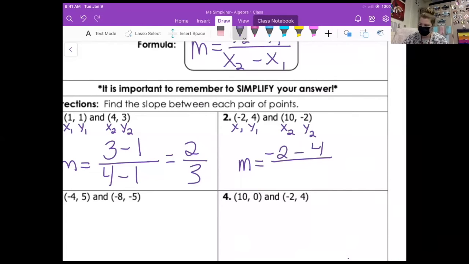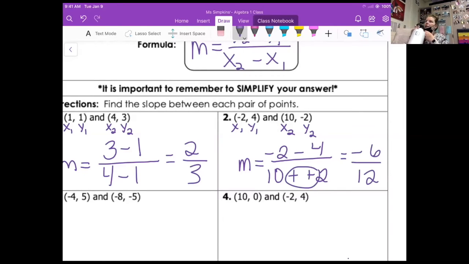What's x2? 10 minus -2. What is -2 minus 4? -6. 10 minus -2. What happens when we have that minus negative? It becomes a plus for add. 10 plus 2 would be 12.